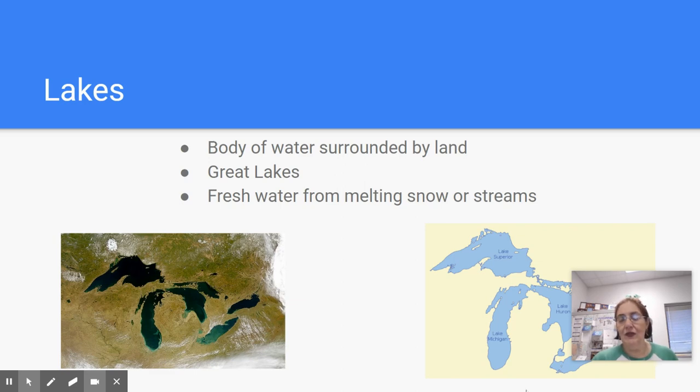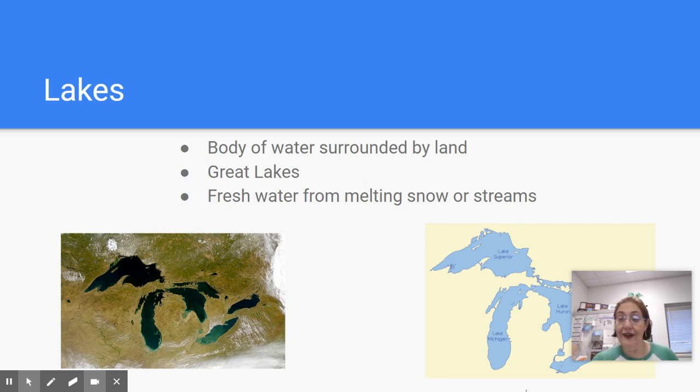So if you are ever in Chicago, I believe Lake Michigan is the lake that Chicago is near. If you're ever in the northern part of Michigan above the UP, that little peninsula that kind of sticks out, that would be Lake Superior. I've been to Lake Superior, it's really beautiful.